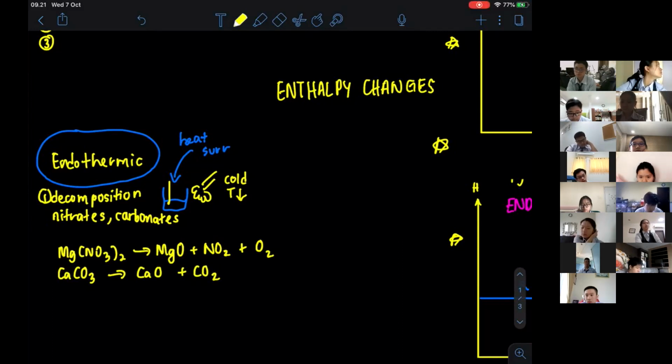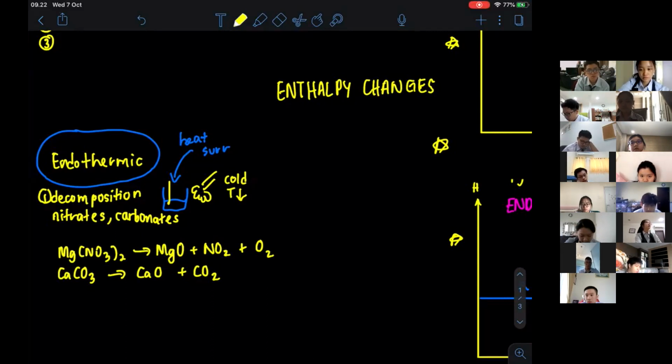So any kind of decomposition means you have a compound and it breaks into something. One compound breaks into multiple things. In our chemistry syllabus, we will focus on two types of decomposition most of the time: nitrates and carbonates.